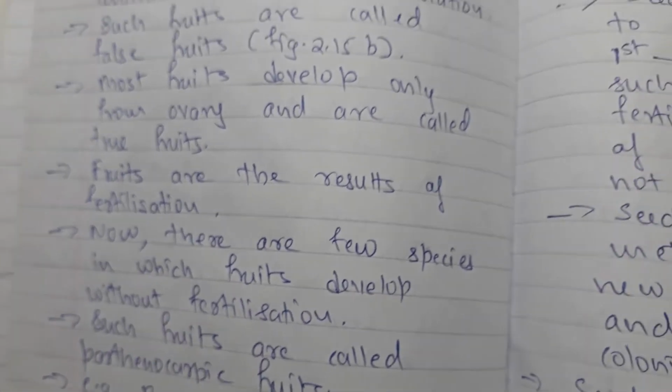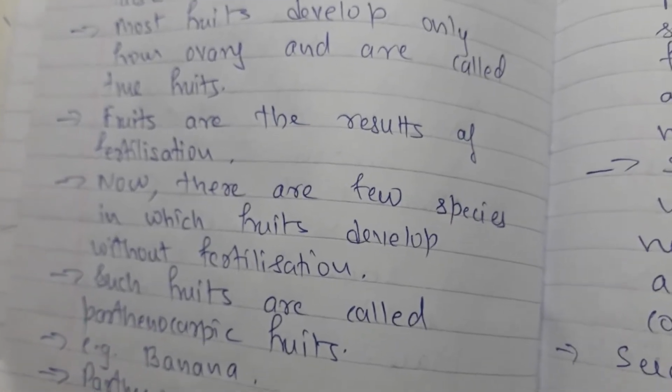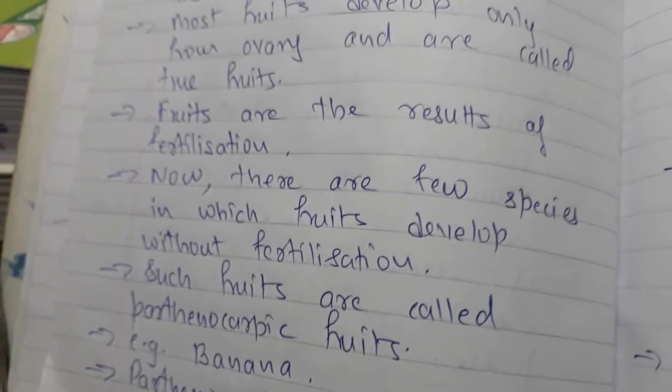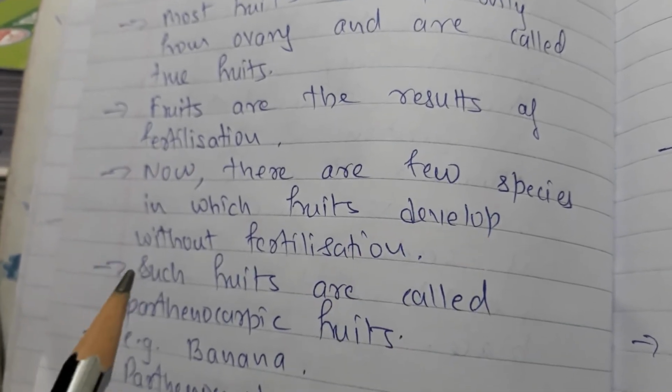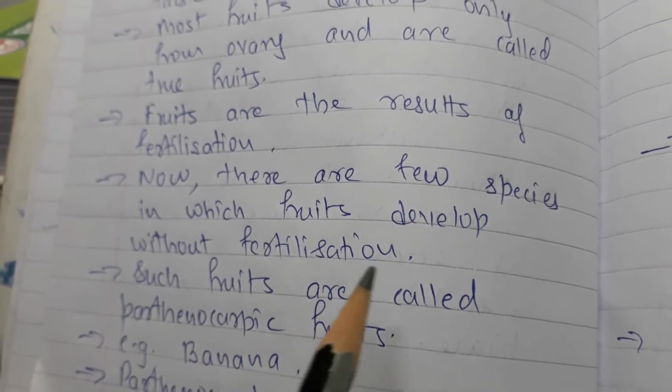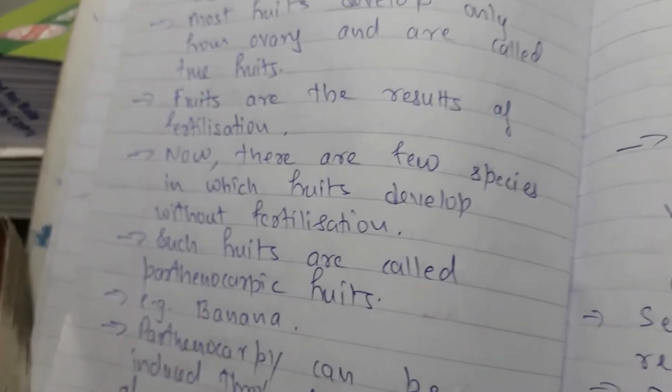Now we are coming to some strange examples. There are a few species in which fruits develop without fertilization. Such fruits are called parthenocarpic fruits.